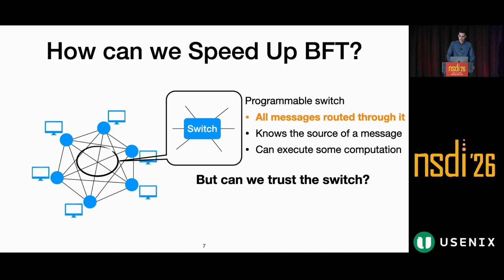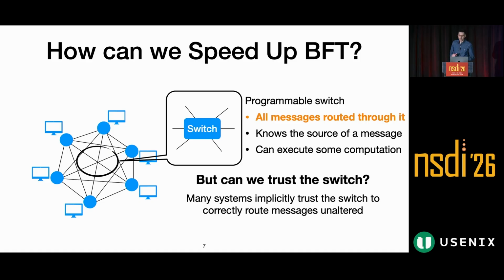It turns out that many BFT protocols already implicitly trust the switch because they send out unsigned messages and assume that they'll be delivered without being modified. Also, switches are only programmable through the control plane, and usually the control plane is isolated from the network that delivers the packets of users because it sits in a completely different network.